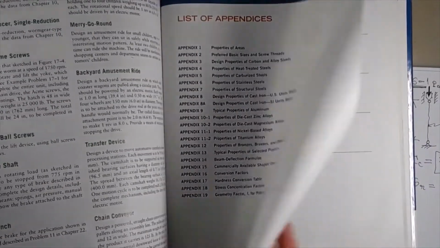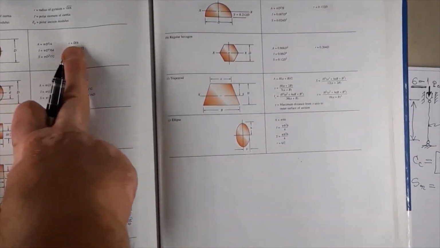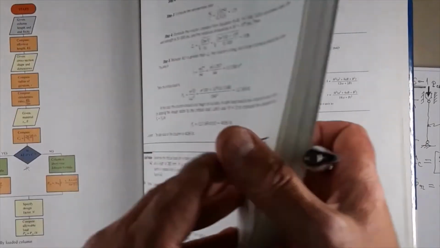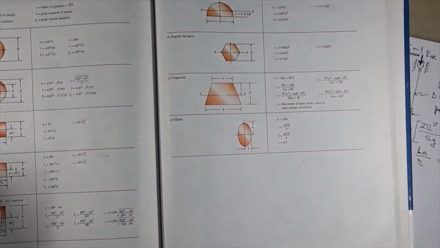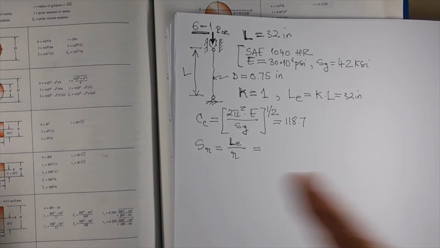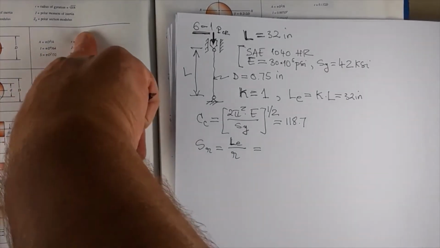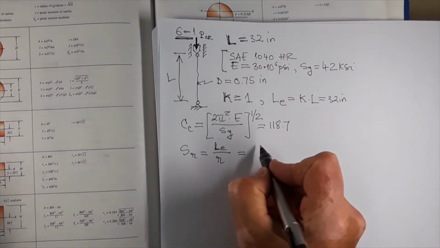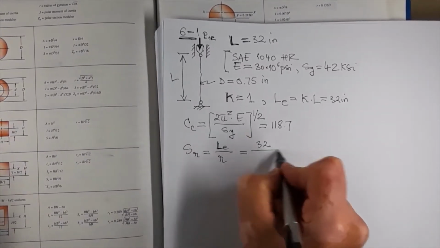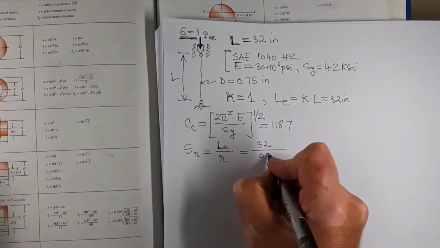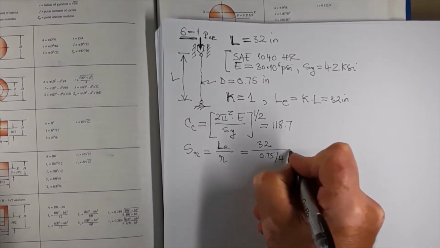Now, radius of gyration for solid round, go to the back of the book, so it's solid round, R is d over 4. It's a bit misleading, so we read R as d over 4, you think R is the radius, but that's radius of gyration. So we have 32 inches over diameter over 4, that's 0.75 over 4.